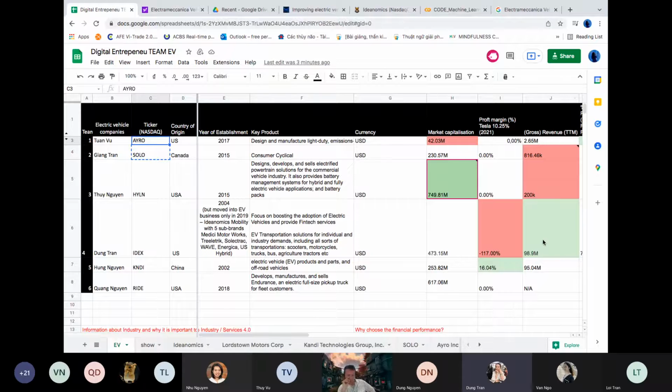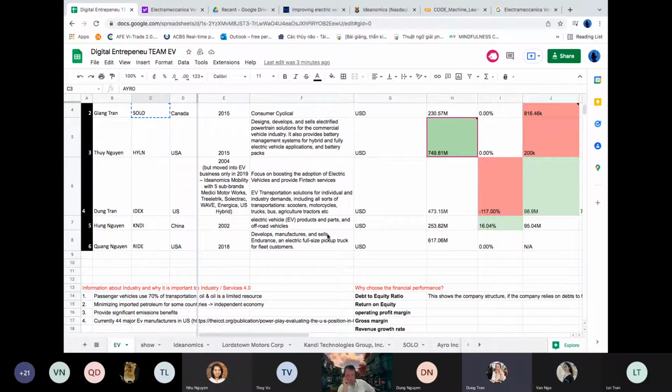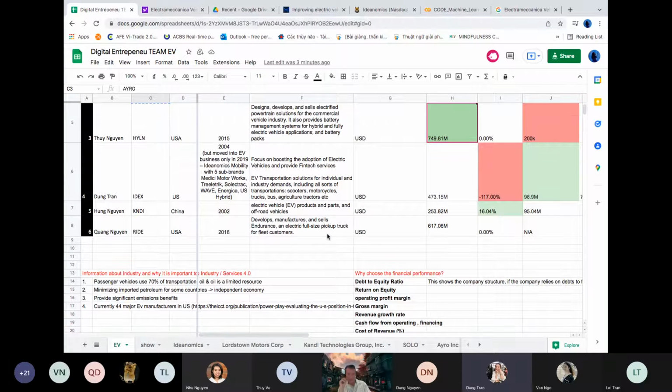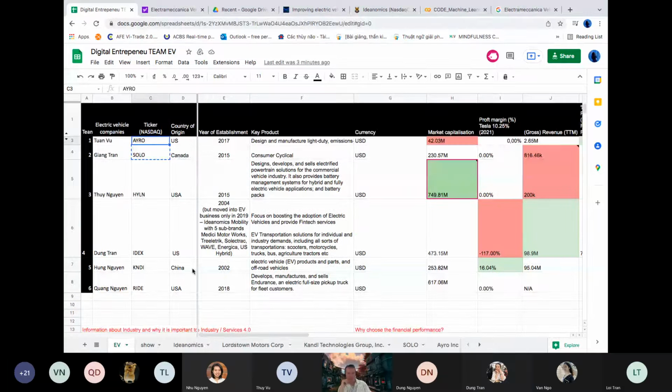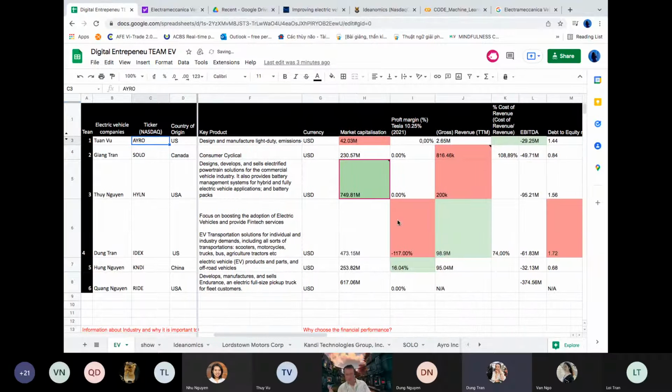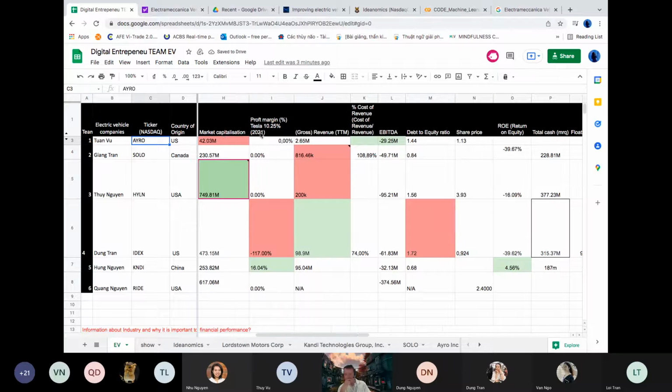Guys, do you want to present your own company? So I will go with mine first. We don't necessarily need the companies because that'll take a little bit too long. We just need an overview, and you've given us an overview of the market, which is fine. Tell us about your numbers and why you've picked these numbers. Okay, so we think that these are the important financial factors.